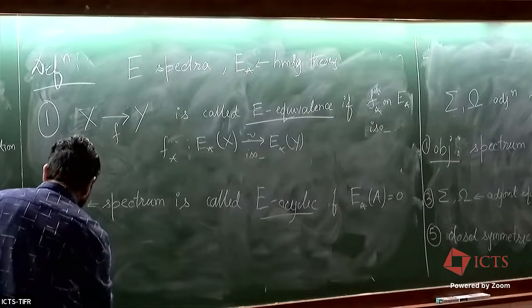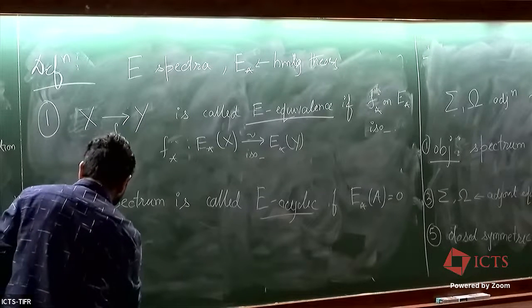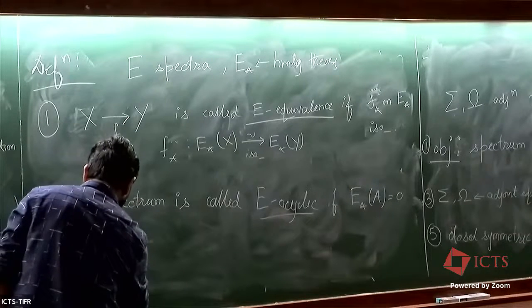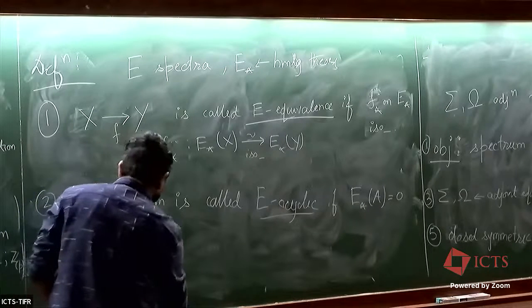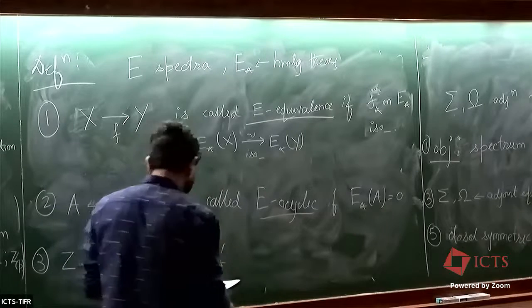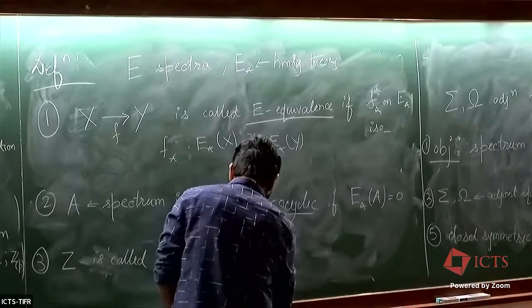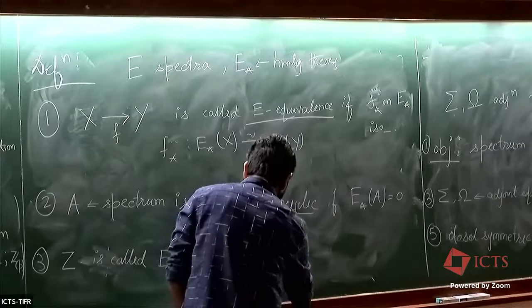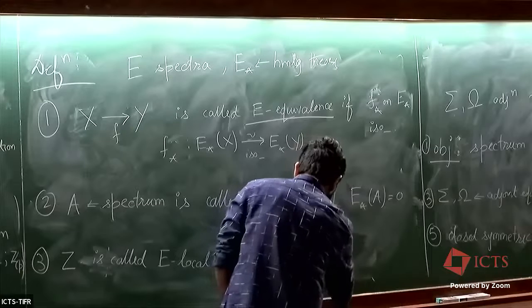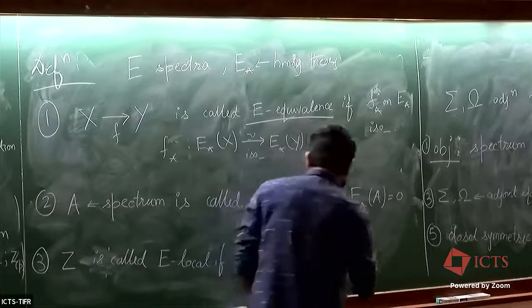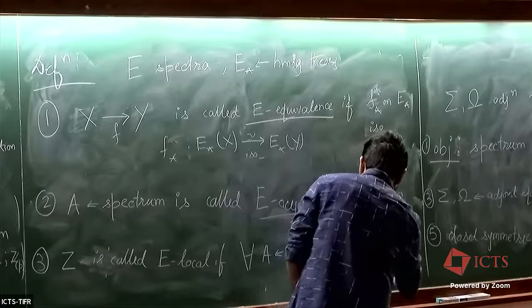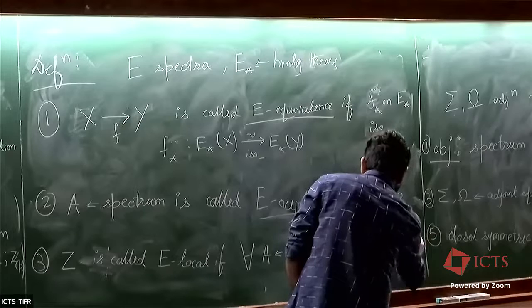So Z, again an object in the stable homotopy category, is called E local if for all A which are E acyclic, maps from A to Z are 0.